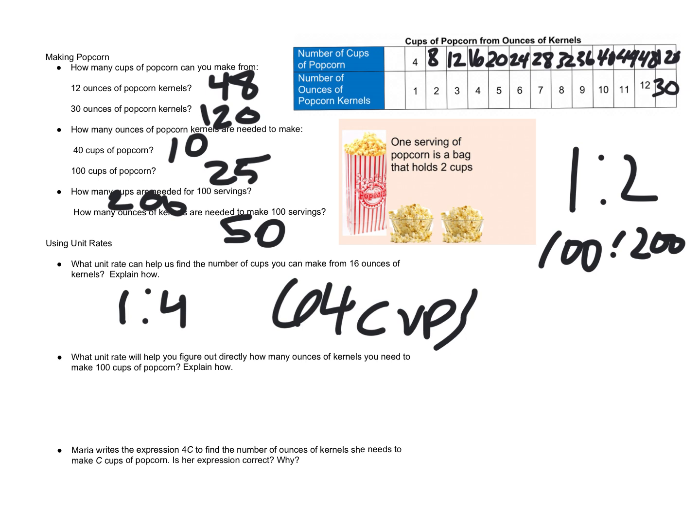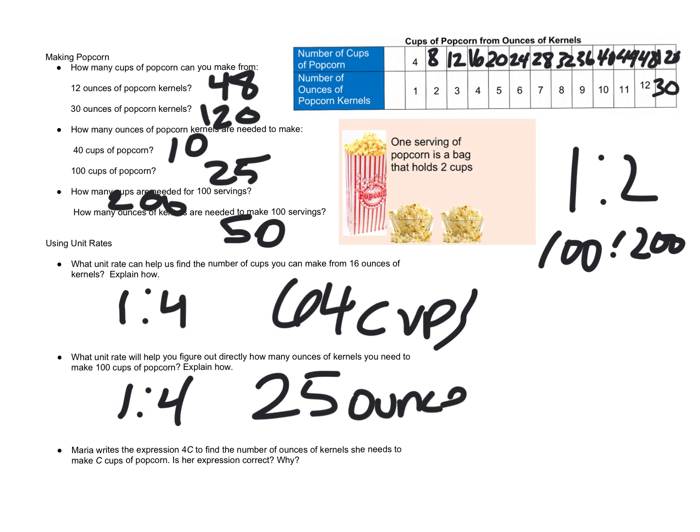All right, for the next question, what unit rate will help you figure out directly how many ounces of kernels you need to make 100 cups of popcorn? We can use the same rate, right? 1 ounce equals 4 cups. 100 cups would be times 25. So 1 times 25 would be 25 ounces of kernels.